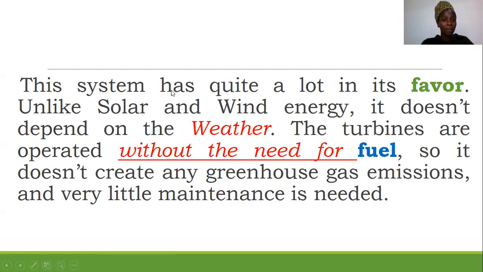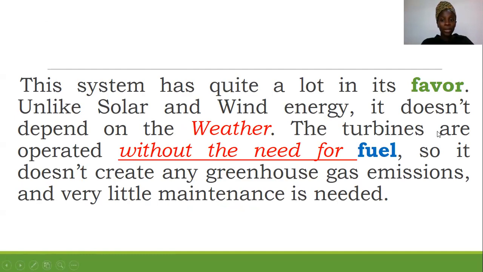So this system has quite a lot in its favor. Favor is like a synonym to advantage here, right? And then it says, unlike solar and wind energy, it doesn't depend on the weather. Remember that there's weather in the question.